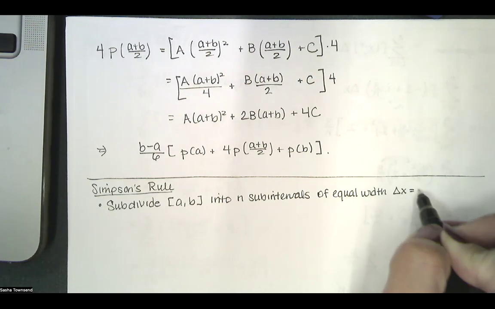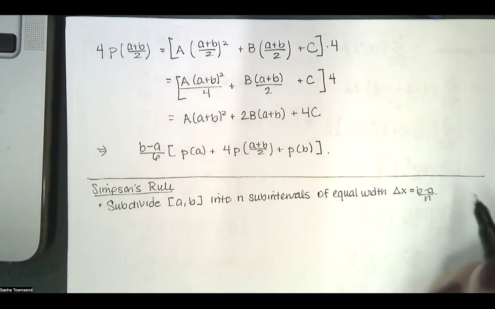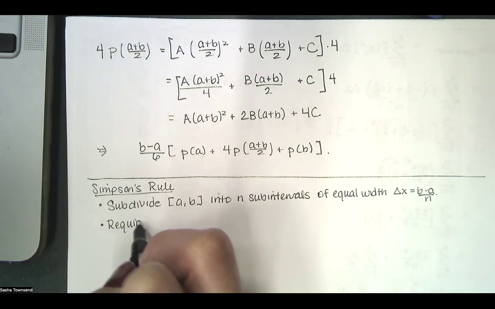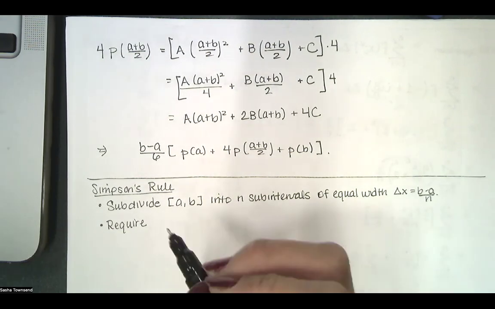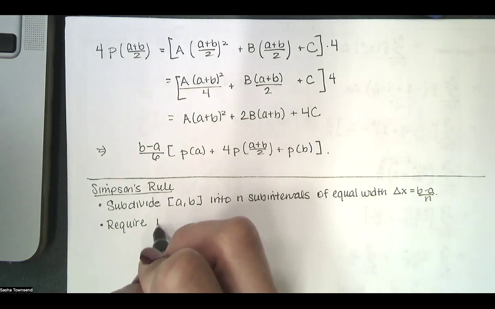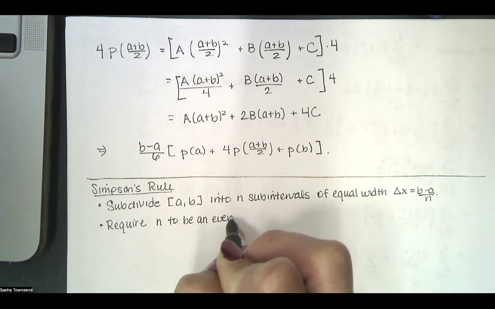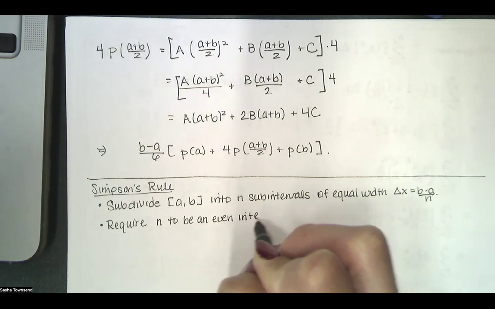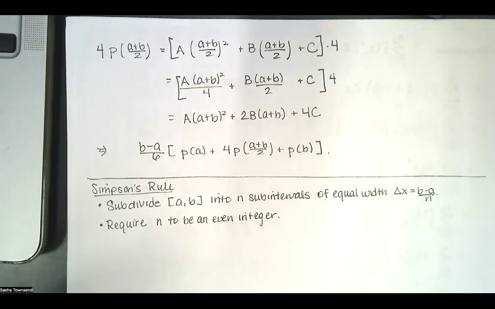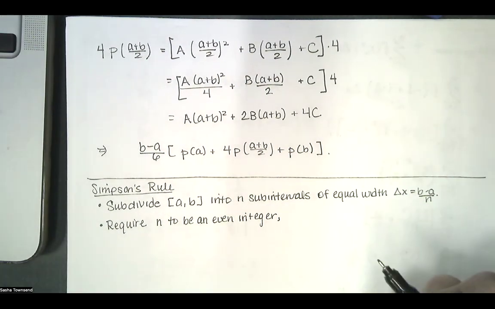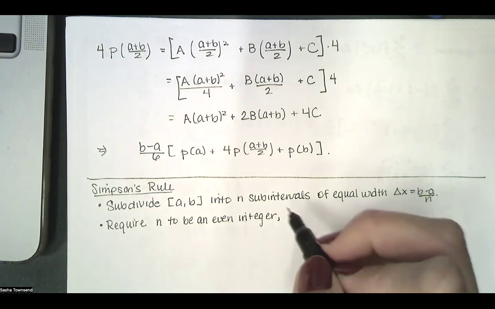That's delta x equals b minus a over n. And we're going to require n be even. So we want an even number of subintervals. Now, if n is even, we'll be able to group the subintervals in pairs.